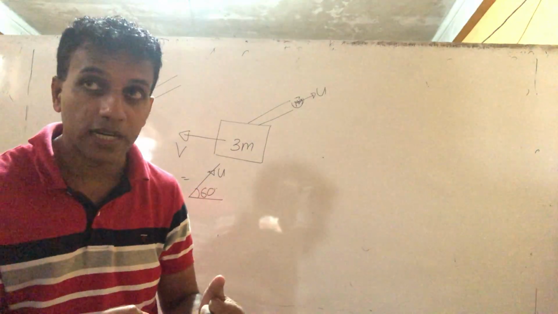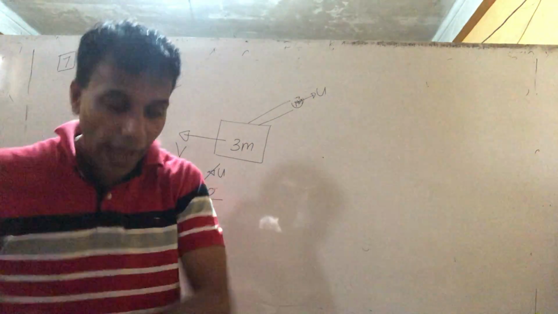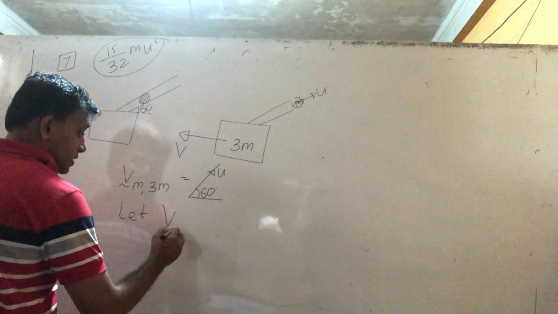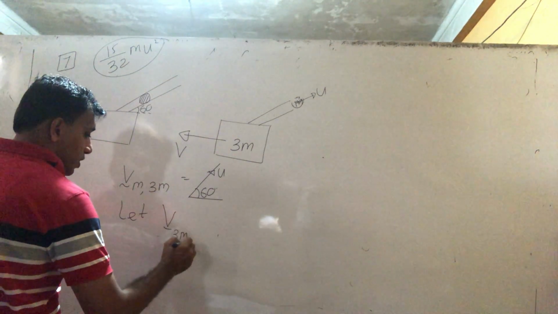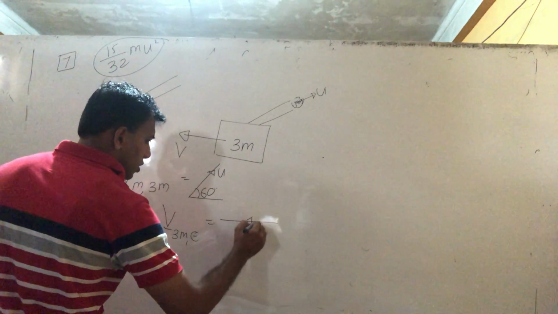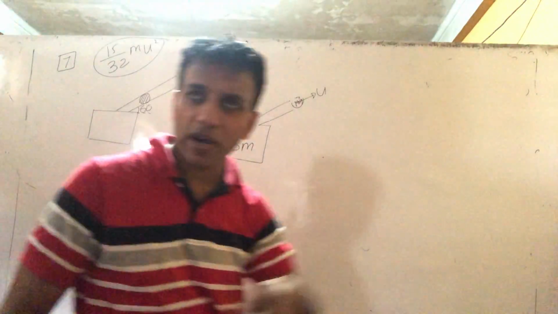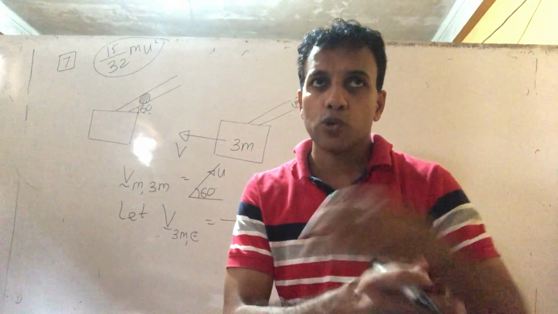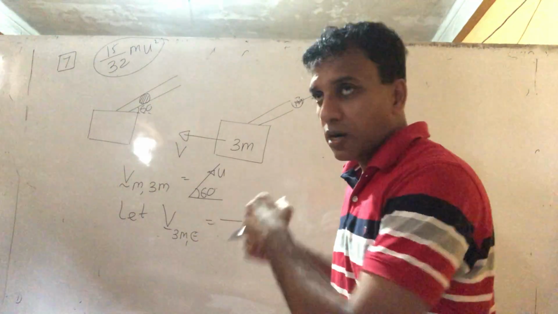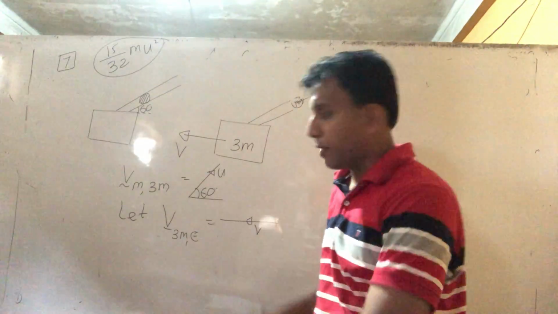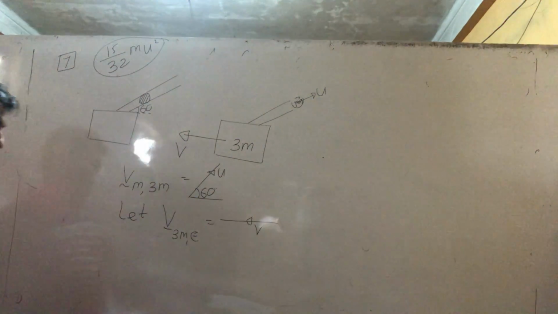The person standing on the earth observes the arm coming back at speed v. Therefore the velocity of 3m relative to earth is v. You can mark forward also, no matter, it becomes minus. But practically, if you observe such an incident, you can see the arm comes back after firing, because of the impulse. So this velocity is v, right?